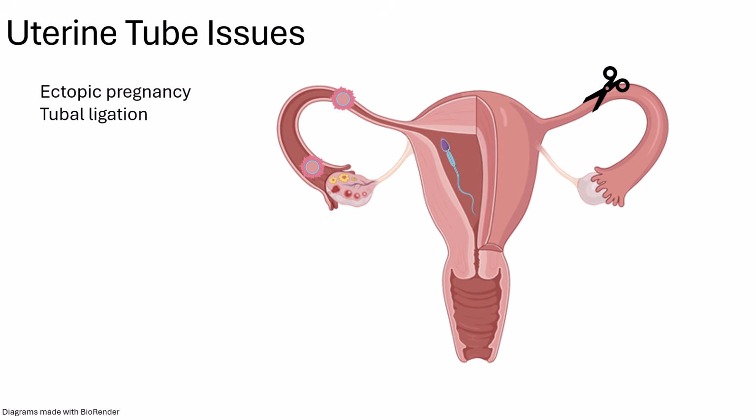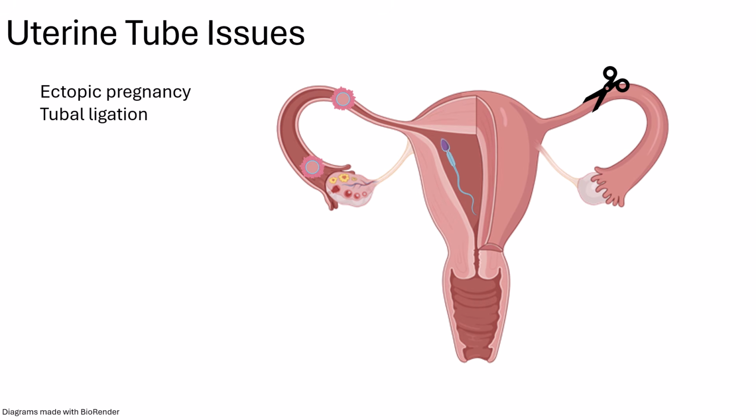Tubal ligation is a surgical procedure in which a fallopian tube or tubes are permanently blocked, sealed, to prevent eggs from traveling from the ovaries to the uterus. This procedure is commonly performed as a form of permanent contraception.